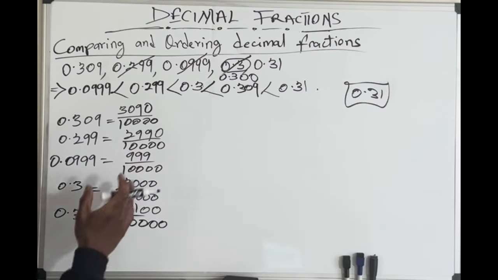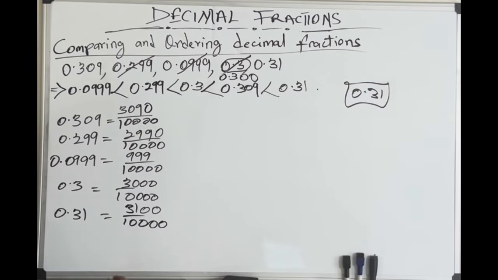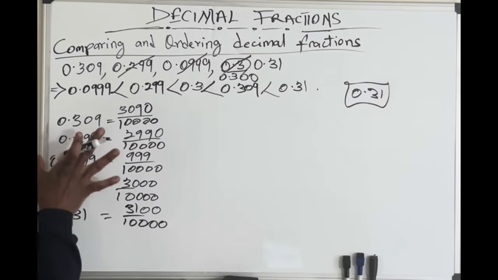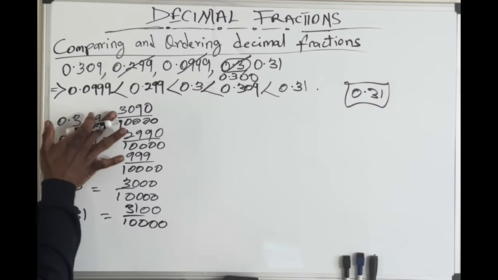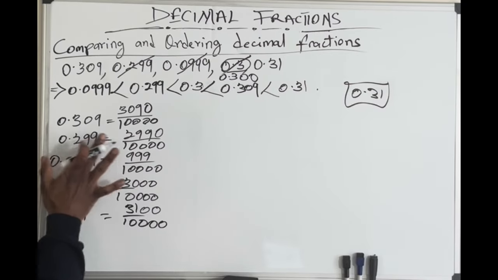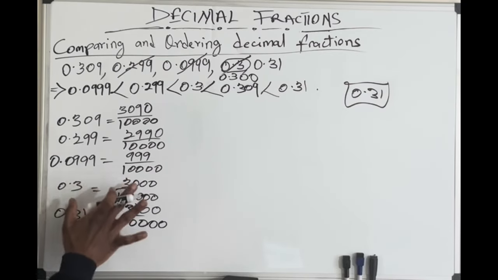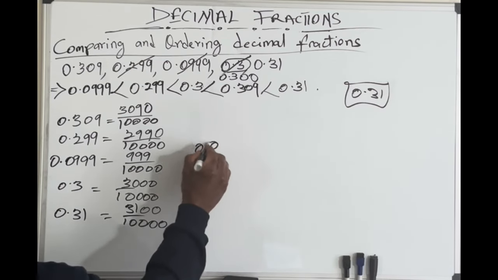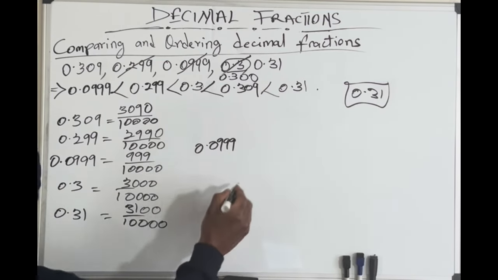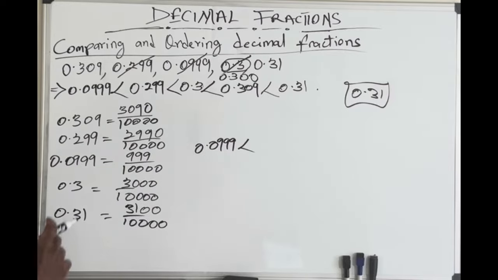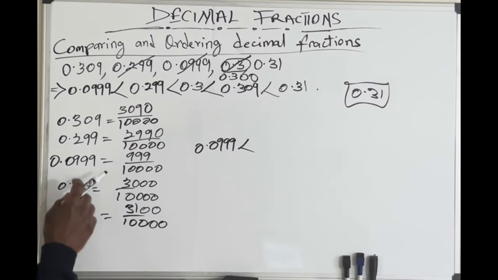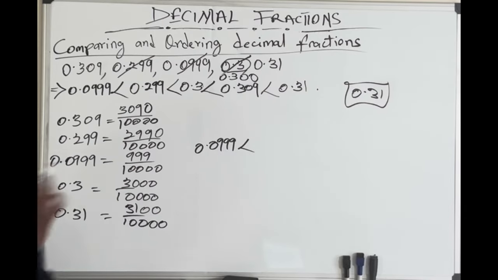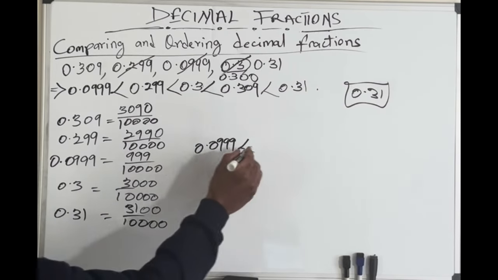So now it's easy for us to pick the least to the largest or the biggest. So we will look at the numerators. 3090, 2990, 999, 3000, 3100. Which is the least? 999. So this is the least. 0.0999 is less than what continues. Okay, we'll look at this 2990.